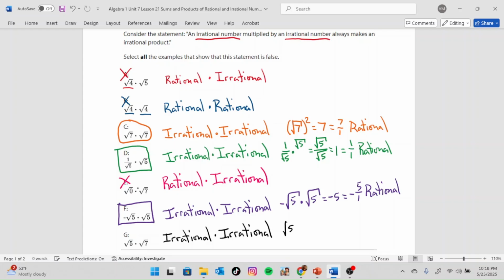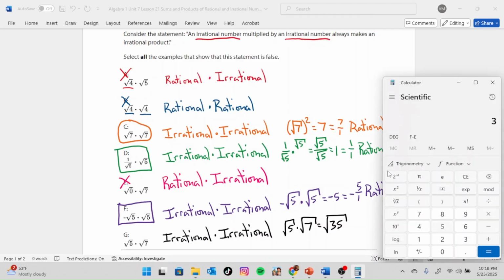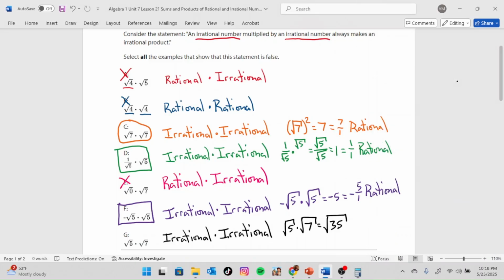But if we do this, we're going to get the square root of 35. 35 is not a perfect square, so if we tried to put this into a calculator, we will get an irrational number. So this one would actually prove the statement true, and that's not what we wanted.